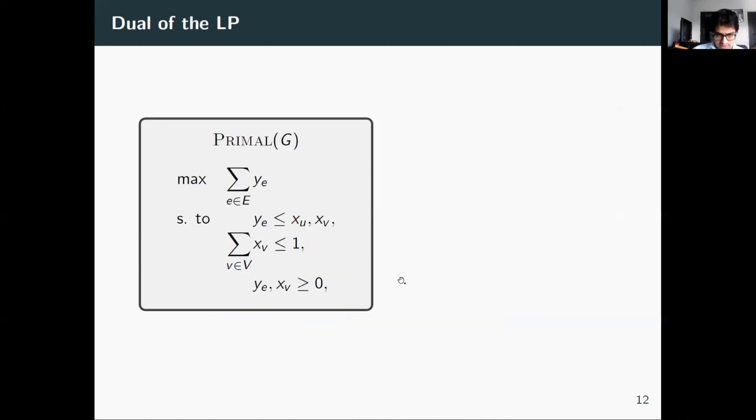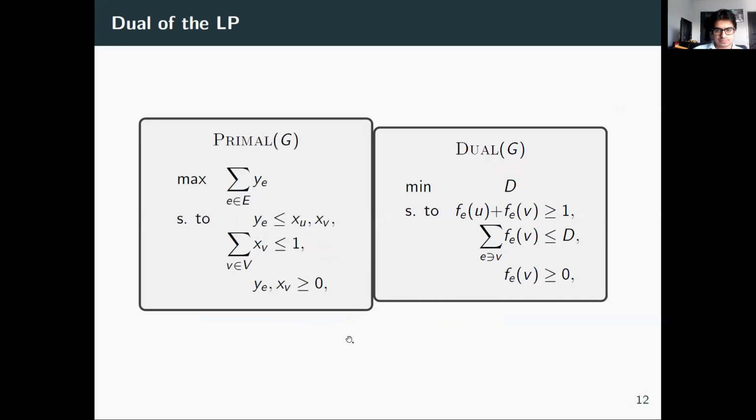So given this is our primal, here is the dual which you can find. If you associate the variable d with this and feu and fev with this, the first inequality, then we end up with this.